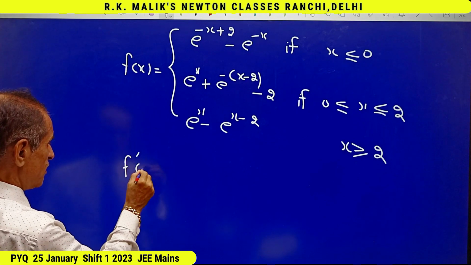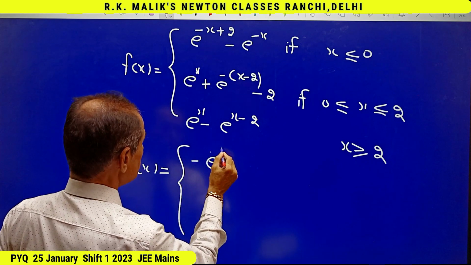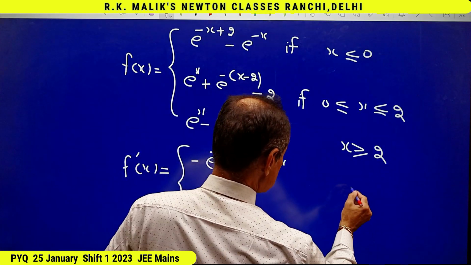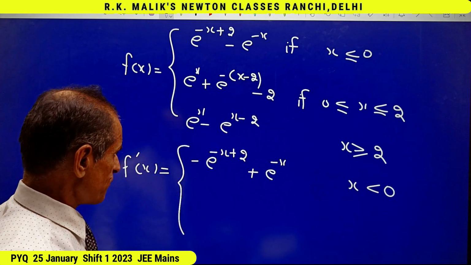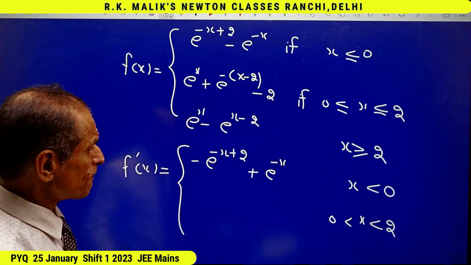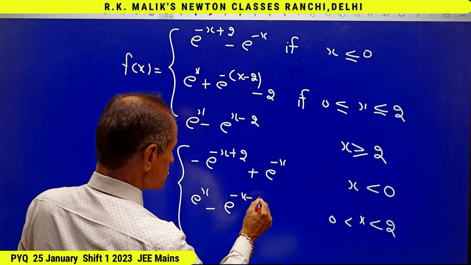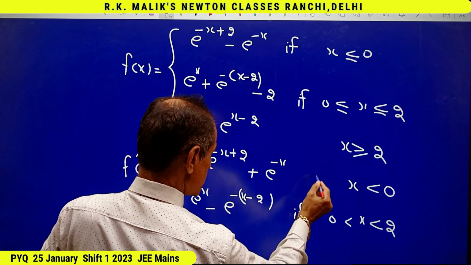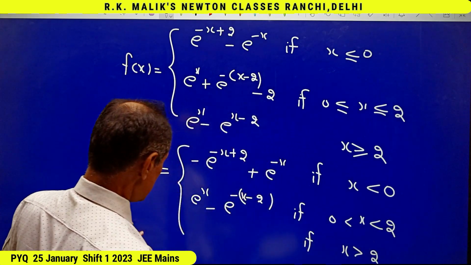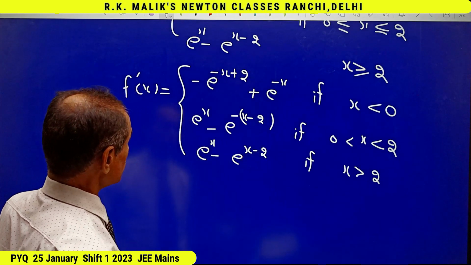Hence I get f dash x equal to minus e^(minus x plus 2) plus e^(minus x) if x is less than 0, and if x lies between 0 and 2, then I will be getting the derivative as e^x minus e^(minus x plus 2), and if x is greater than 2, the derivative will be e^x minus e^(x minus 2).